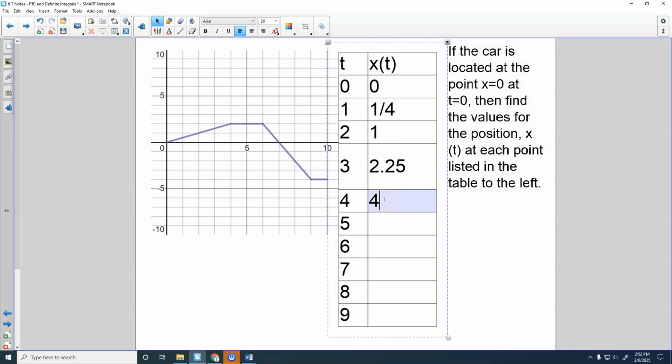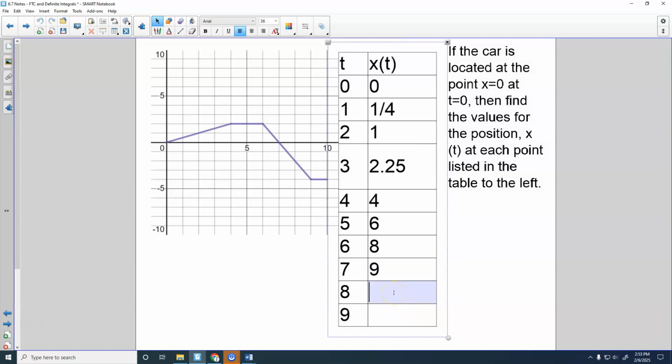Yes, I think that looks right. Because that would be like 3/4, and that would be 1 that you'd be adding to it. What about at 5? That'd be 6. What about at 6? 8. And 7. That would be 9.